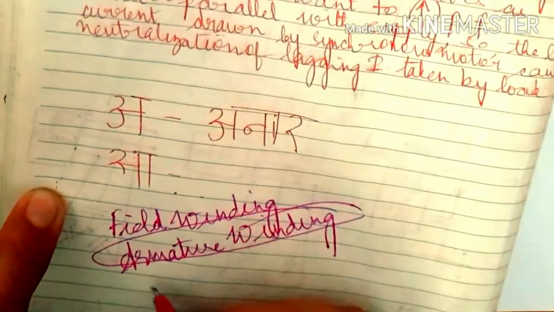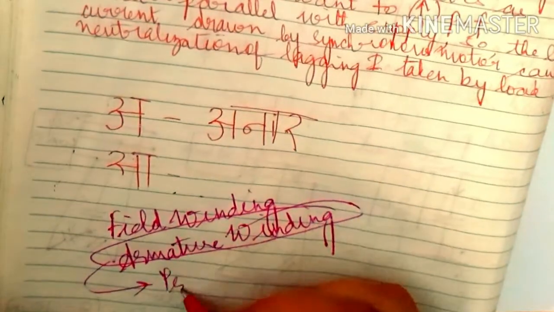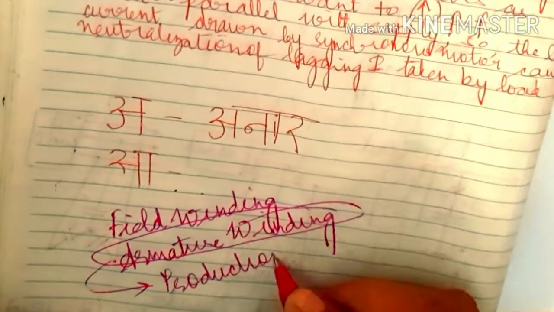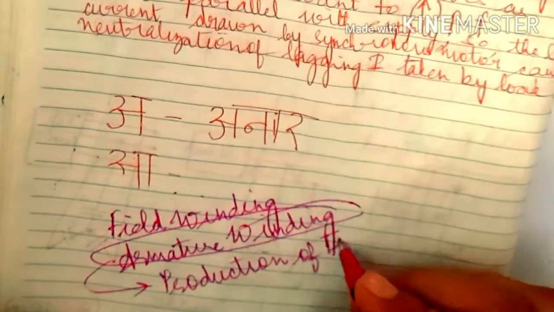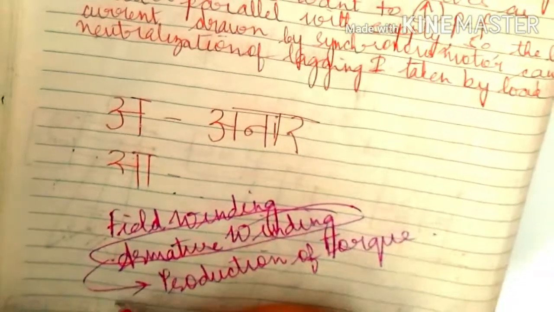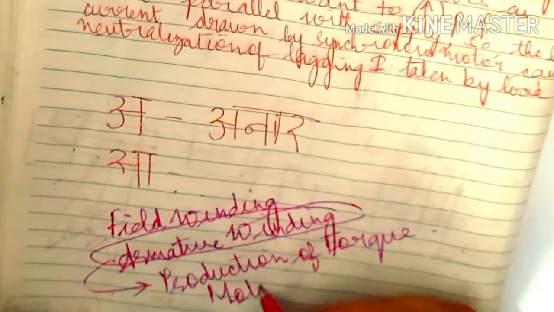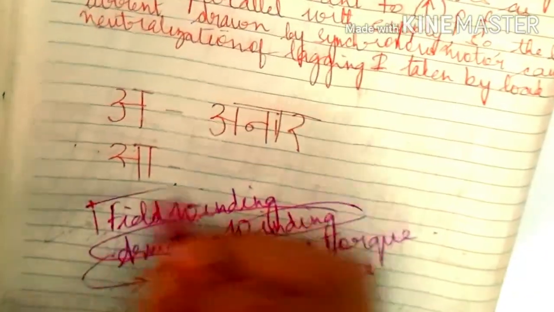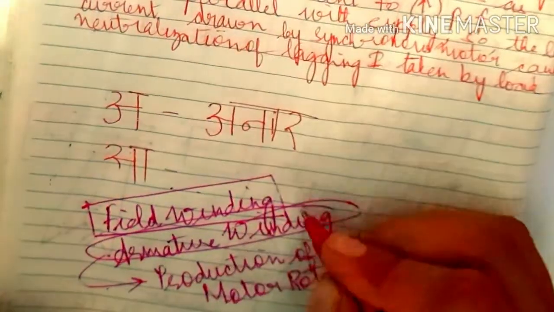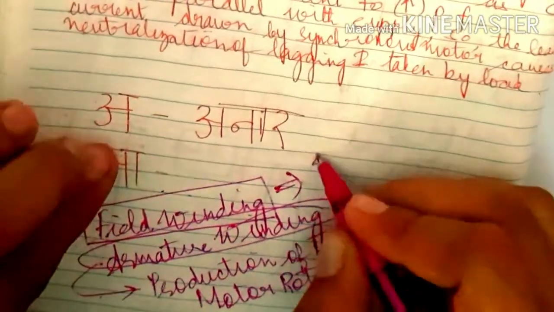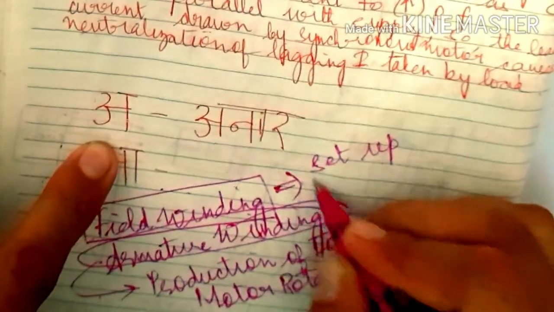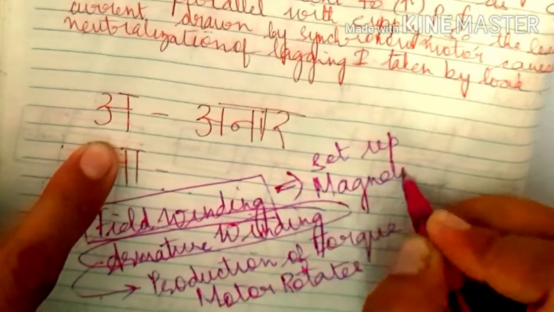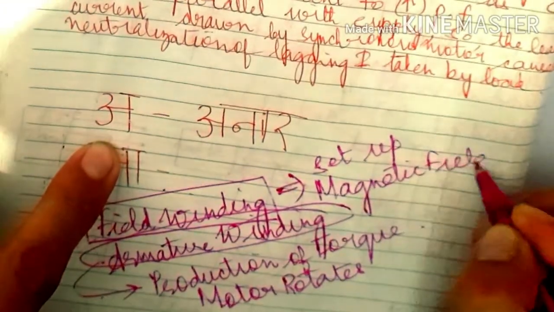Armature winding is responsible for the production of torque, and because of that torque your motor rotates. But the field winding is responsible for maintaining or setting up a magnetic field.